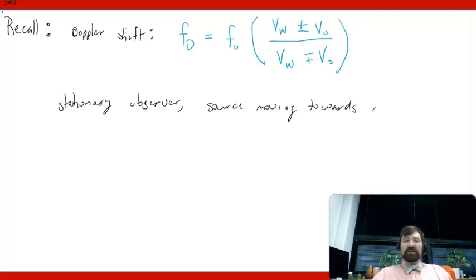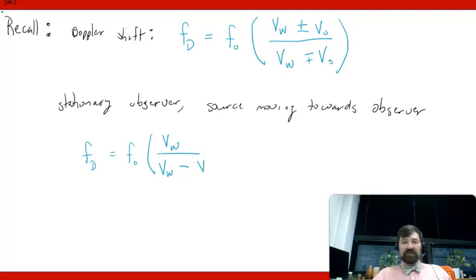to a point that I want to highlight, which is that in these conditions, the Doppler shifted frequency is this native frequency times the speed of the wave, that's a positive number, divided by the speed of the wave, again a positive number, minus the speed of the source, which is itself a positive number.